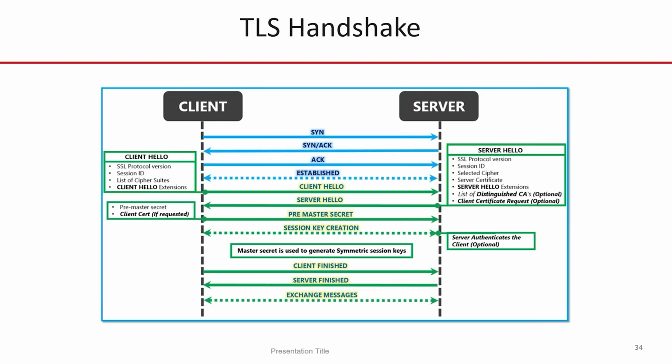So when a client needs to connect to a server, we'll use the Transport Layer Security protocol. This is mainly based around an initial handshake where we are transferring our certificates, a number of bits of random data that will become the session key, and also establishing the credentials of both the client and the server.